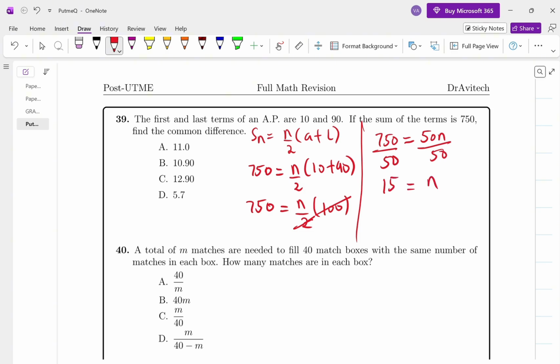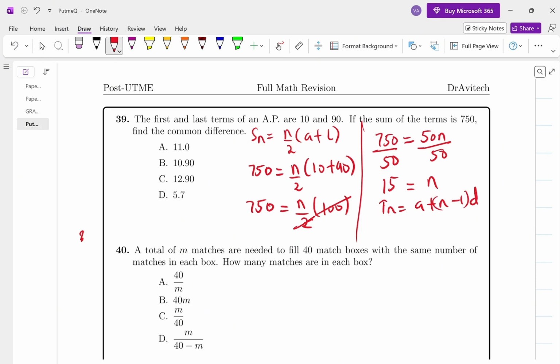So that's the number of terms. But then, we know that the last term is 90. If our last term is 90, that means we have a plus n minus 1 bracket d. Remember, the last term is also a term. Since the number of terms is 15, the 15th term is the last term.